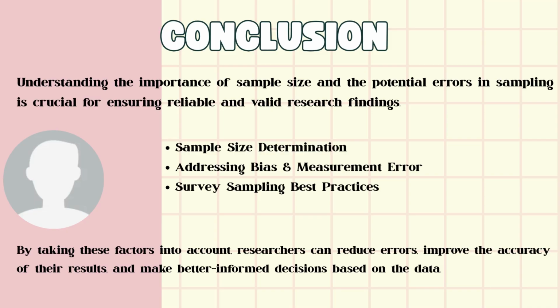Addressing bias and measurement errors: we need to work on reducing biases and measurement errors because that improves the quality of the data. Survey sampling best practices: following best practices is crucial to make sure we select samples properly and fairly. By taking these factors into account, researchers can reduce errors, improve the accuracy of their results, and make better informed decisions based on the data.